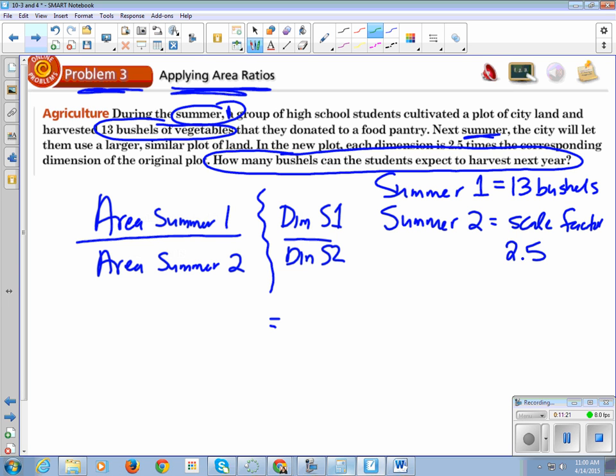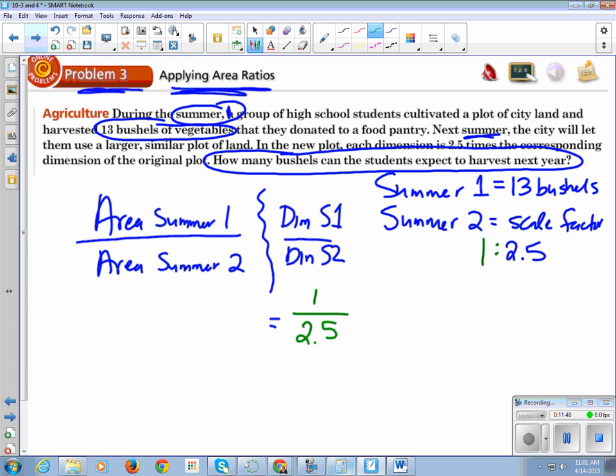So we know that the ratio is 1 to 2.5, as it tells us that it's 2.5 times the dimension of the original plot. So we're going to say the original plot is 1, and the next summer we get 2.5 times each dimension.